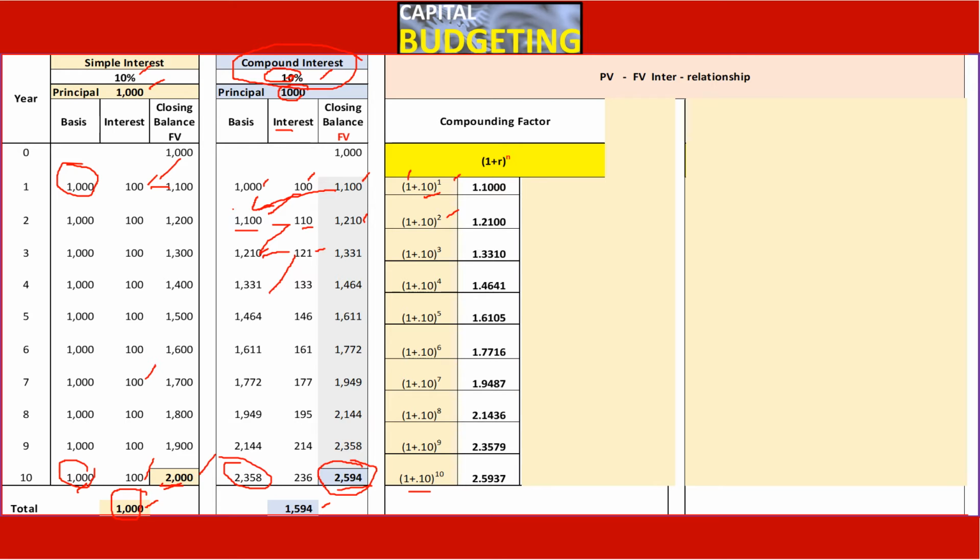And if you do this, 1.1 to the power of 1 means 1.1. Second is 1.1 into 1.1, 1.21. 1.1 into 1.1 into 1.1, that is 3 times, 1.331. Same logic goes on, but there is a shortcut.